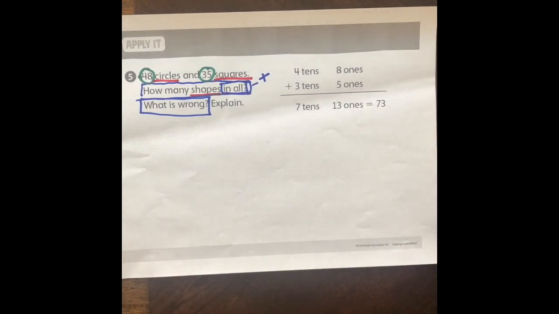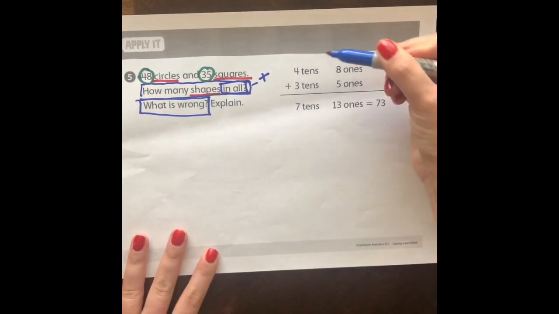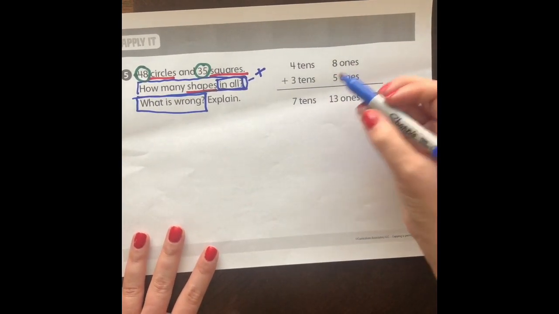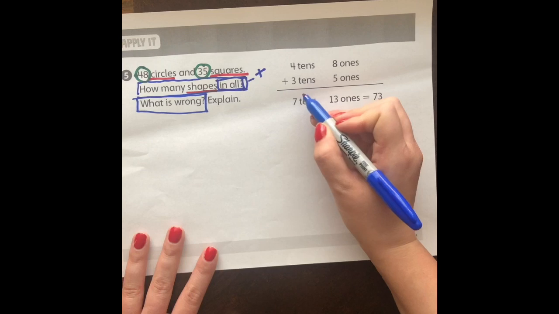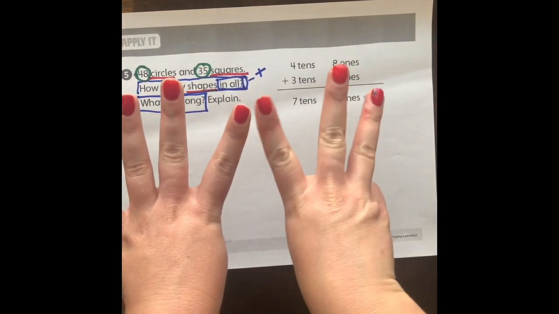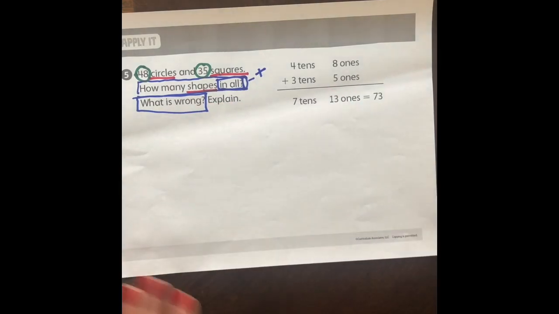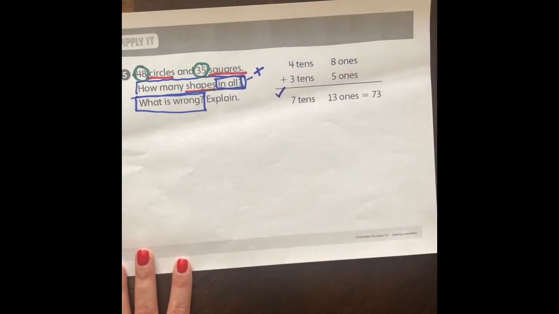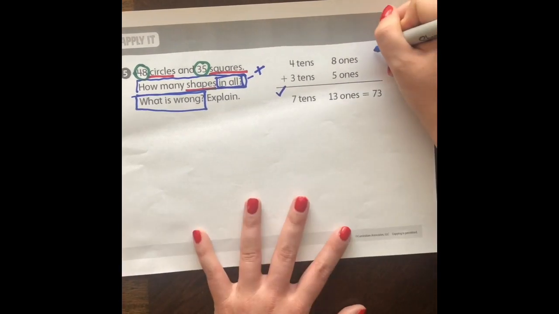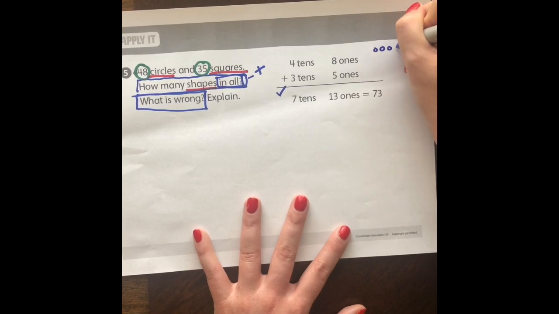So let's see. When they first added their tens, 4 plus 3, I think that they're right. 4 plus 3 is 7, right? If we have 4 and we add 3, that equals 7. So they're correct here. This is right. And let's see what they did with their ones here. 8 plus 5. If we have this is 8.